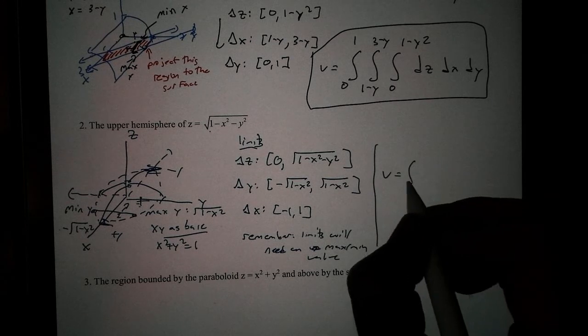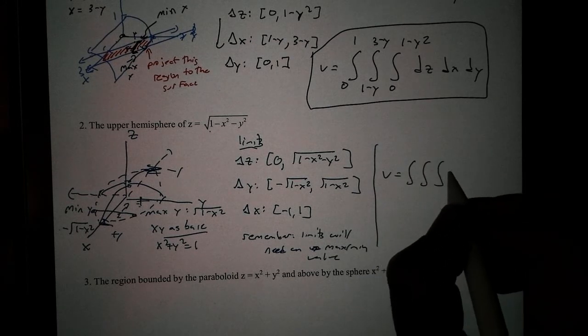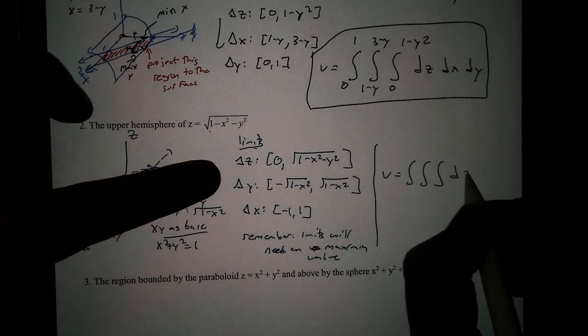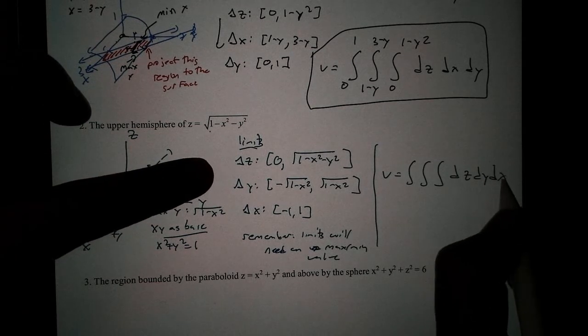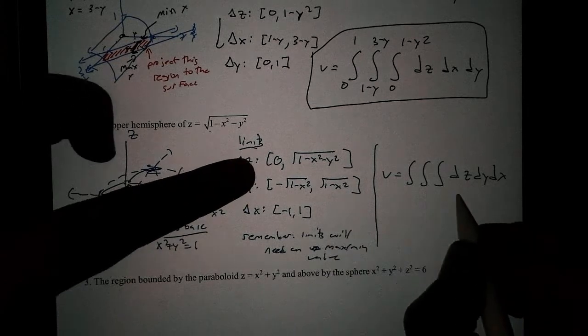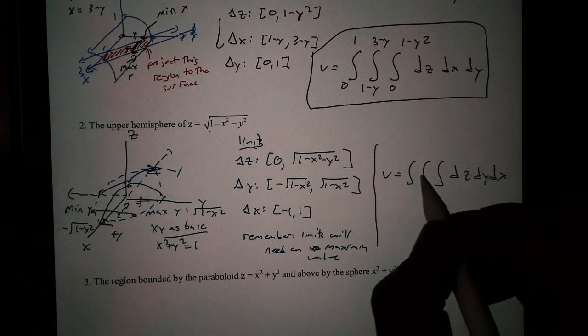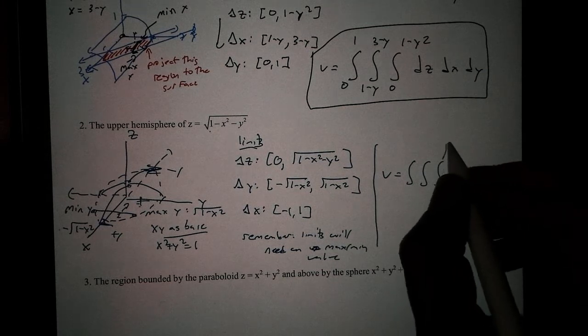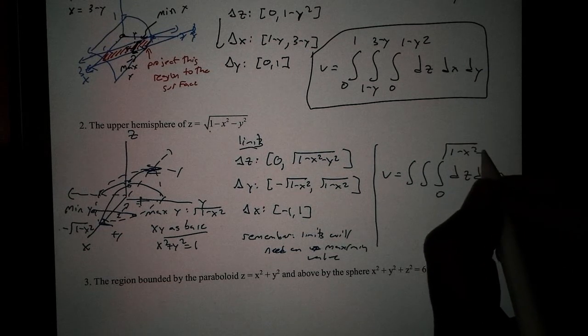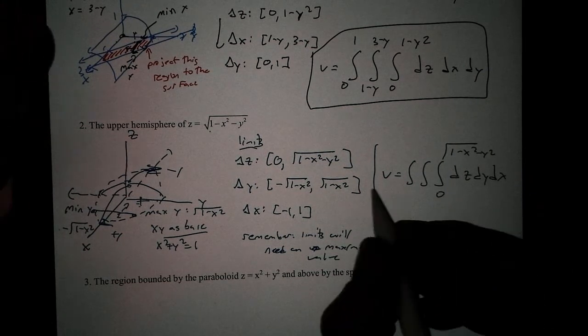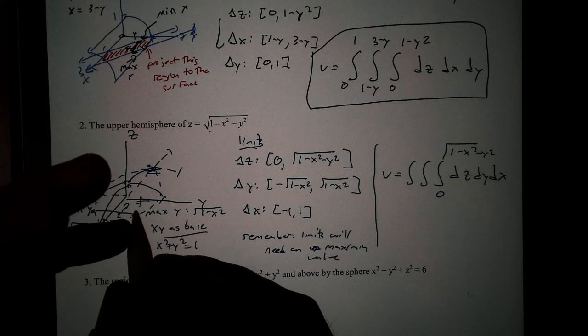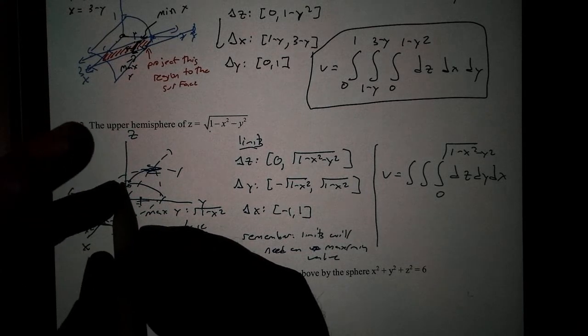It's our triple integral, dz, I'm choosing z first, dy, dx. And notice the complexity of the functions gets smaller as we move down. So we can go from 0 to the square root of 1 minus x squared minus y squared. So we're measuring z from the bottom, from our base. This is from the base to the very top of our surface.